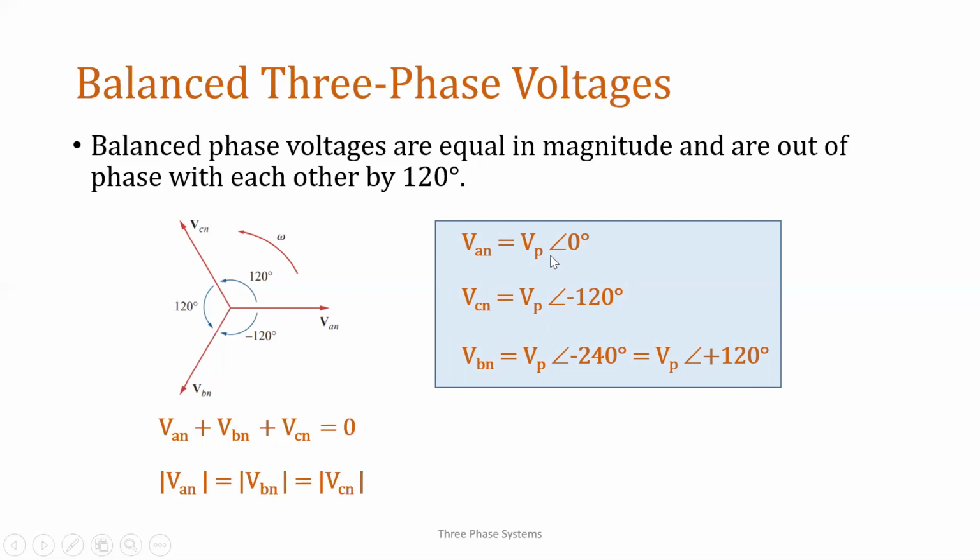So V sub AN is equal to V sub P angle 0 degrees, V sub CN equal to V sub P angle negative 120 degrees, V sub BN equal to V sub P angle 120 degrees.